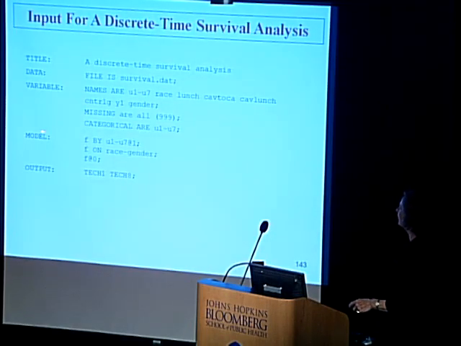Now, in the model command, you can look at the model that Bengt showed here on the right-hand side of the left screen. And we can just go straight from the model diagram to the model command. So we have F by U1-U7 at 1. So thinking that there's 7 U's here. And then we regress F on the covariates race through gender. And then we say F at 0.